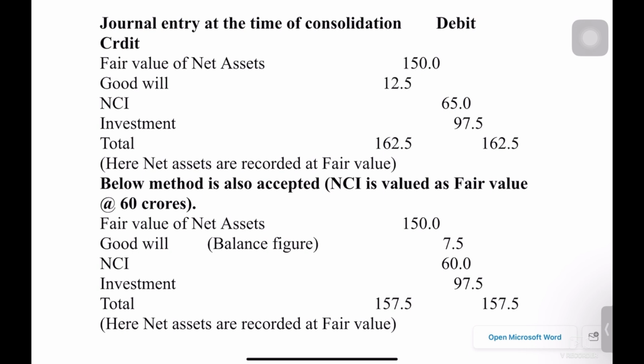And credit of non-controllable interest will be only 60 crore, that's the fair value as estimated by the acquiree, and the investment will be credited by 97.5 crore. So if you see, the credit side total is 157.5, and on the debit side we already have 150, being the fair value of the net assets. So the remaining 7.5 crore should be goodwill. That's a balancing figure that will be debited.